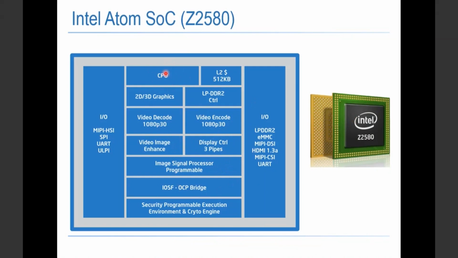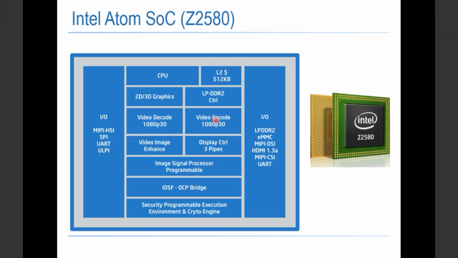Then it has the graphical processor unit, or integrated graphics, the GPU. And it has the video encoder and decoder. So see here, the video decoder decodes video at 1080 pixels, and the video encoder, 1080 pixels.